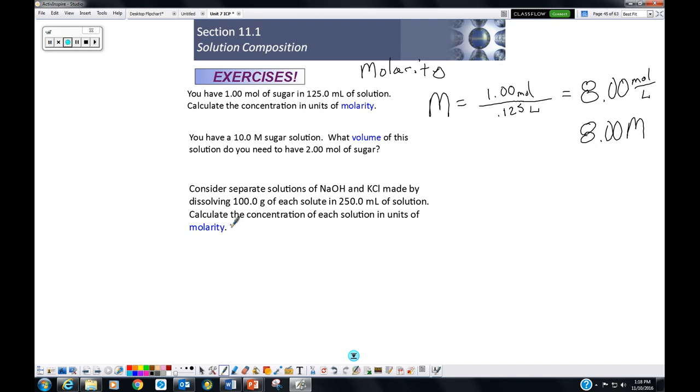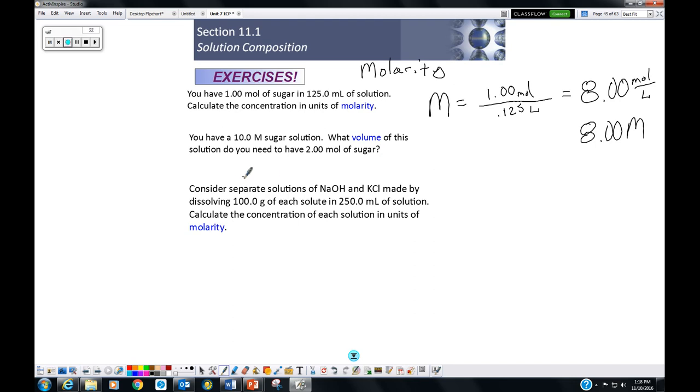All right. Now, going the opposite way, you have a 10 molar sugar solution. What volume of the solution do you need to have 2 moles of sugar?